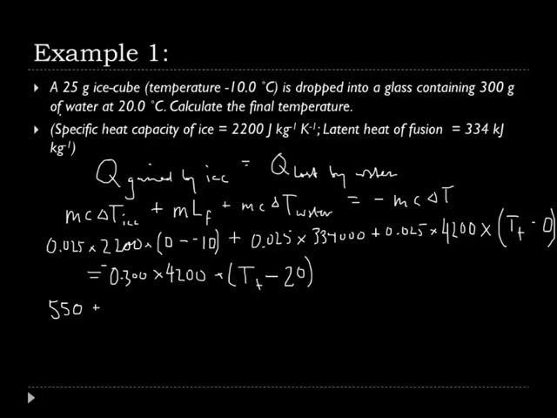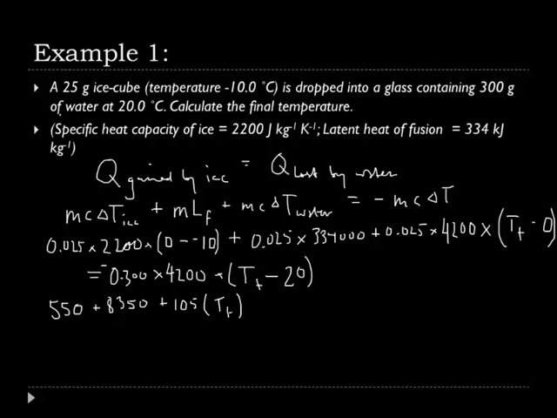And then this middle term is 0.025 times 334000, which is 8350, plus, let's multiply out what comes before the bracket there. So that's 0.025 times 4200, which is 105, times TF minus 0, so that's just TF.